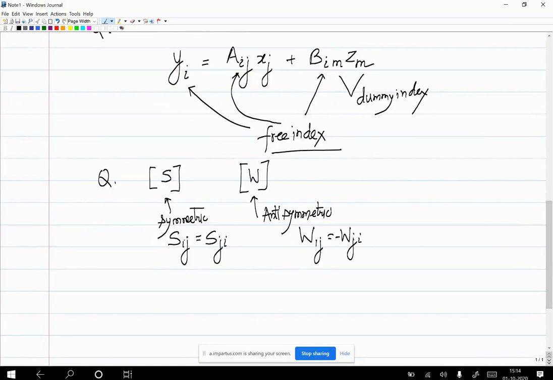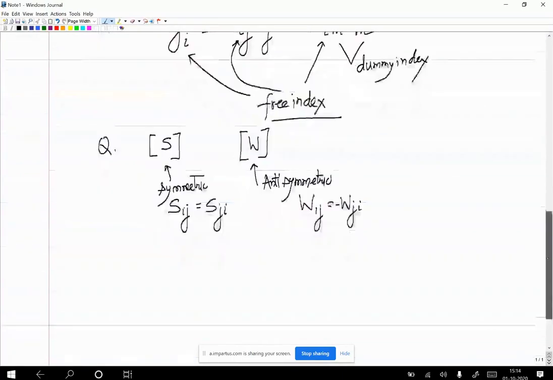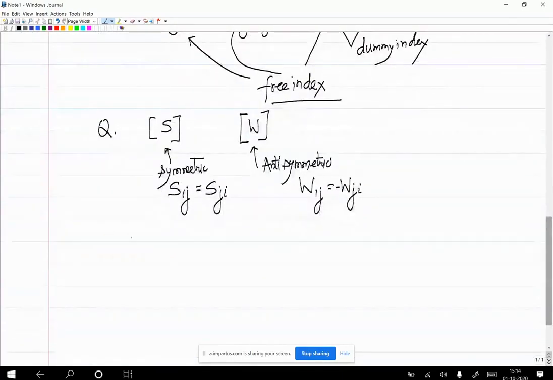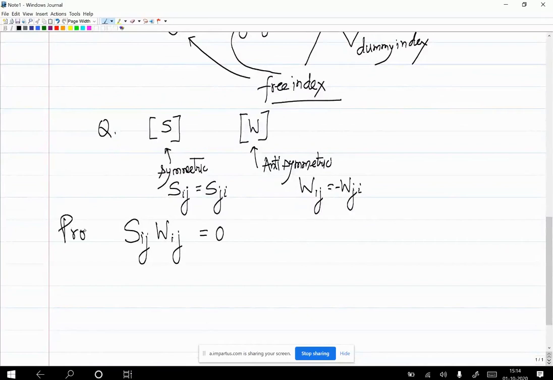Okay. Now, what we have to prove is that S_ij W_ij is equal to 0. So prove, for S symmetric and W anti-symmetric. Can we prove it? Just think of whether we can prove it or not.